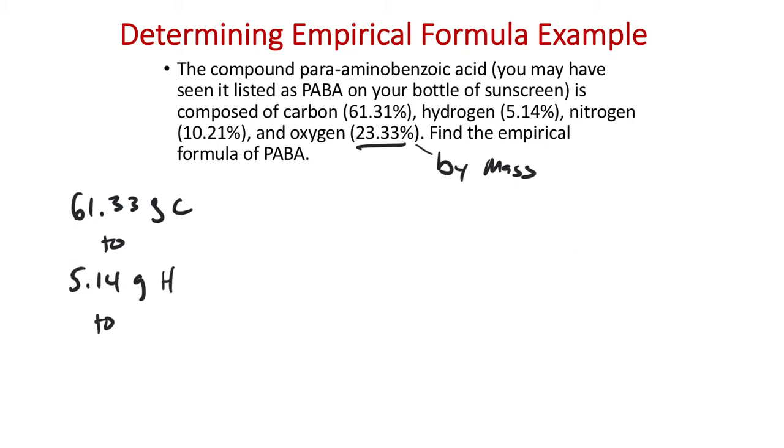That would also be in ratio to 10.21 grams of nitrogen, and also in ratio to the remaining mass, 23.33 grams of oxygen. So some problems say, assume the percentages are masses. Really, we just have to start with some ratio of the masses that's actually true for the sample from the information given in the problem. The easiest way to do that is to just use grams in place of the percentages.